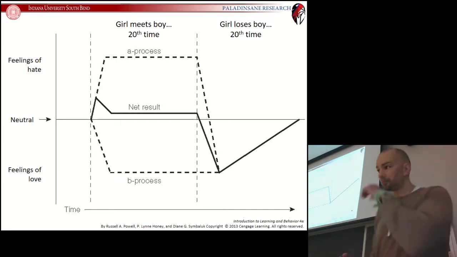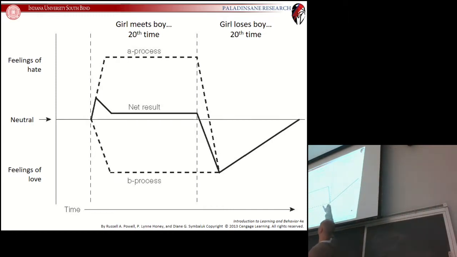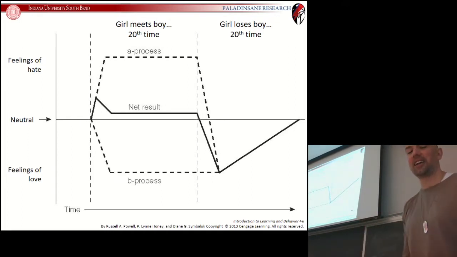And this is where the movie ends, right? The mad dash at the airport. She makes it in time, and they're in love. That's typically where the movie ends. What they don't do, outside of one example, is show you what happens afterwards, where after that B process wears off, at this point, the woman is like, I think I might have to rethink my life decision here, and maybe he's not everything that I thought of.